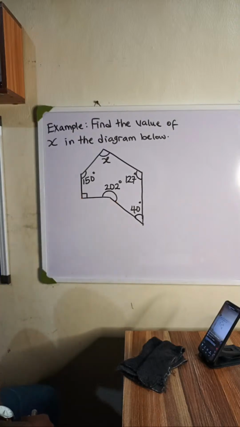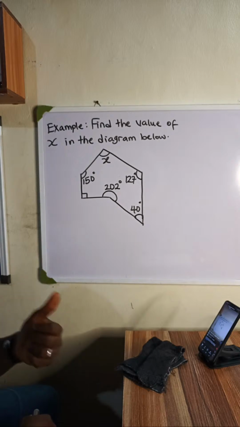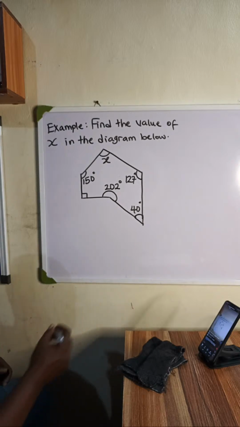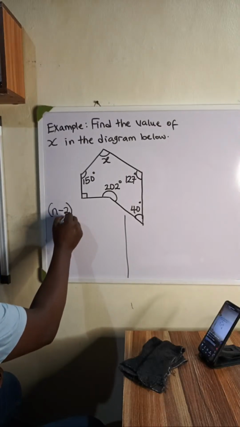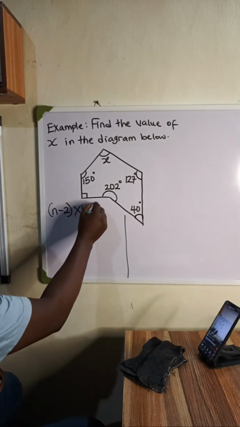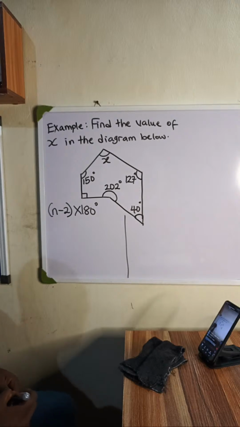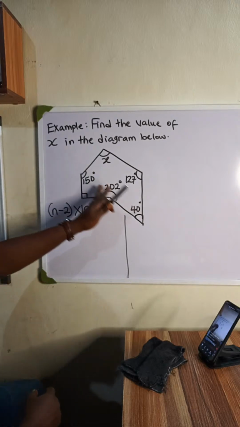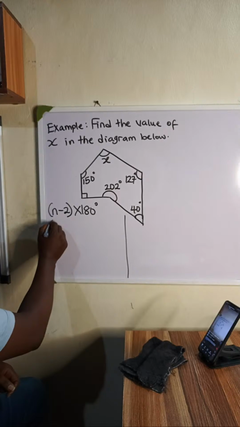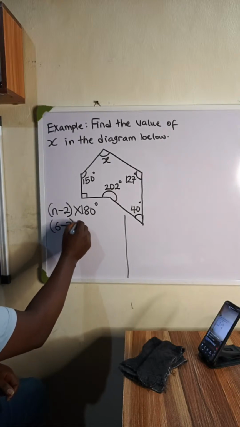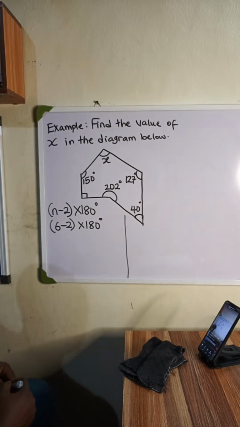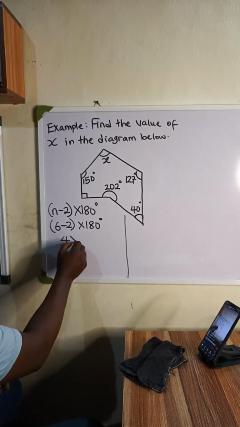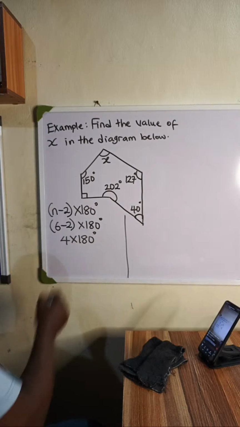Okay. So now we need to know the sum of angles in a hexagon by applying the formula n minus 2 times 180 degrees. So n for a hexagon is equal to 6. So 6 minus 2 times 180 degrees. 6 minus 2 gives us 4. So 4 times 180 degrees.